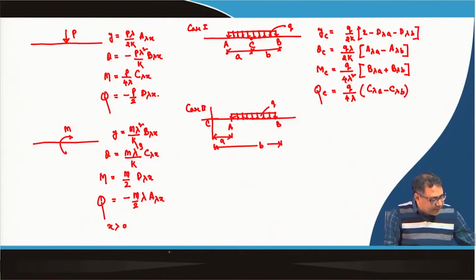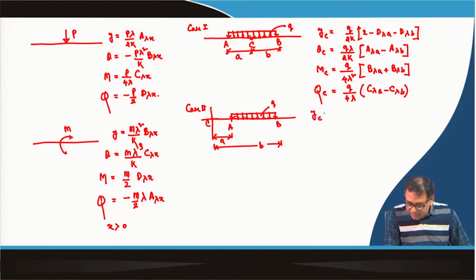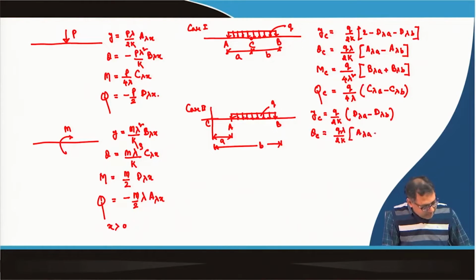In such a case, y_C is q by 2k D lambda a minus D lambda b, and theta_C is q lambda by 2k A lambda a minus A lambda b.